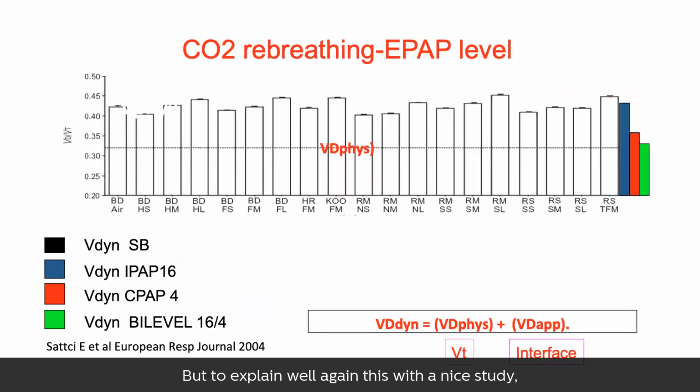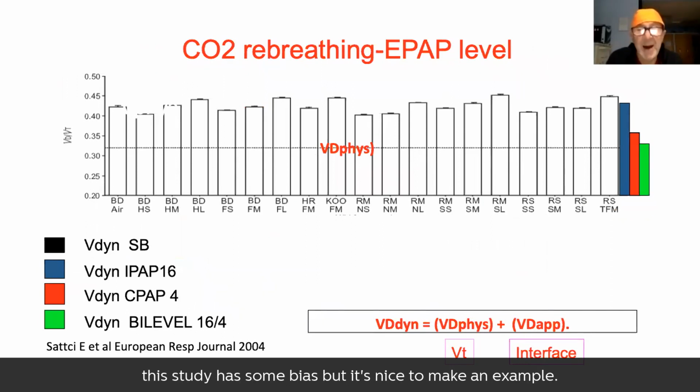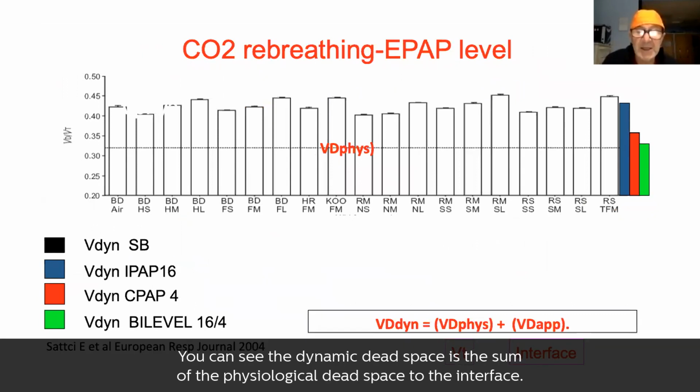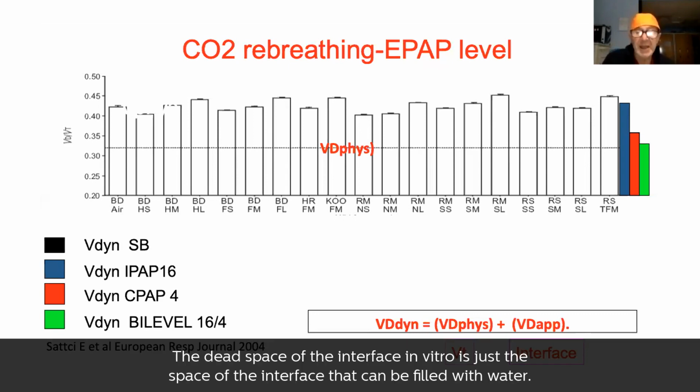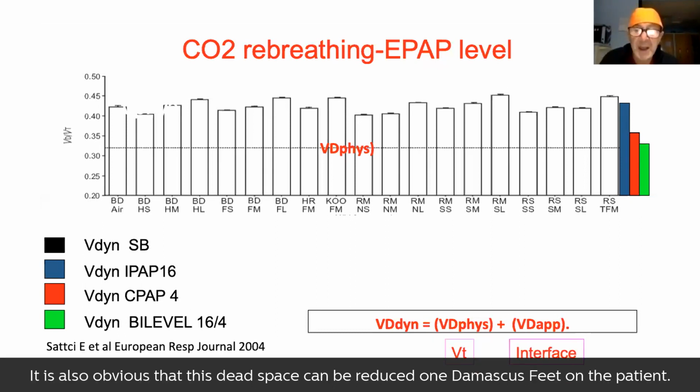But to explain this well with a nice study, this study has some bias, but it's nice to make an example. You can see the dynamic dead space is the sum of the physiological dead space and the dead space of the interface. The dead space of the interface in vitro is just the space of the interface that can be filled with water. It is also obvious that this dead space can be reduced once the mask is fit on the patient.